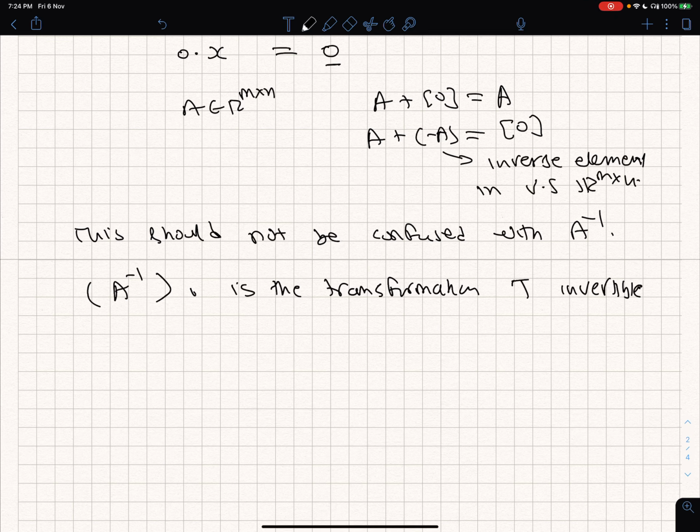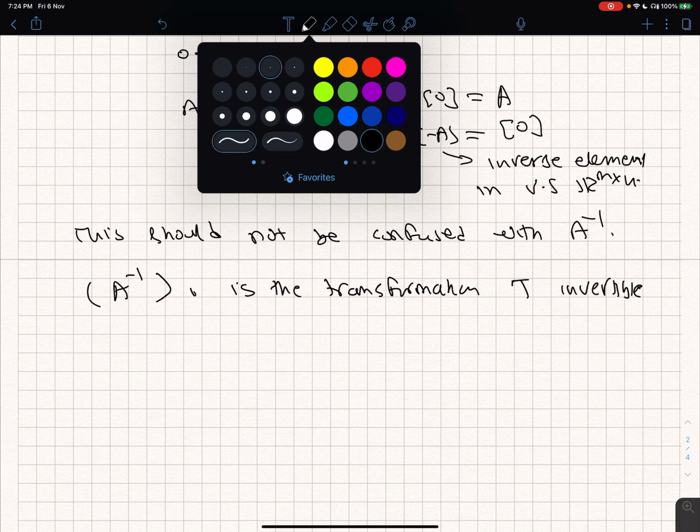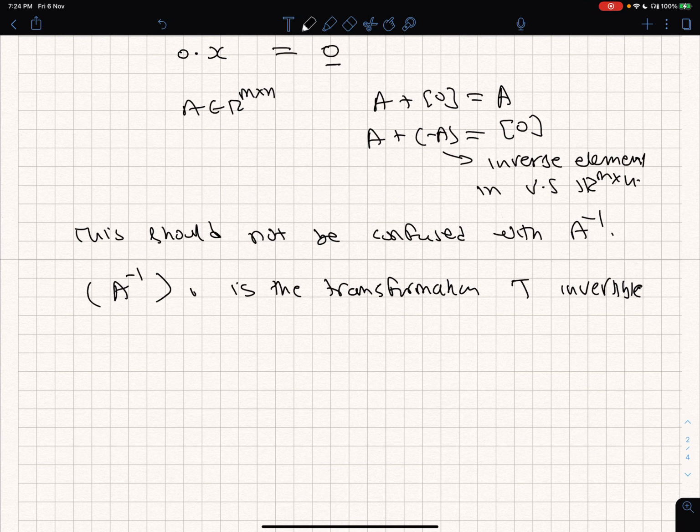That's the question. So when we talk of A and A inverse, it is about whether your linear transformation T is invertible or not. Okay. So what do you mean by an invertible transformation?